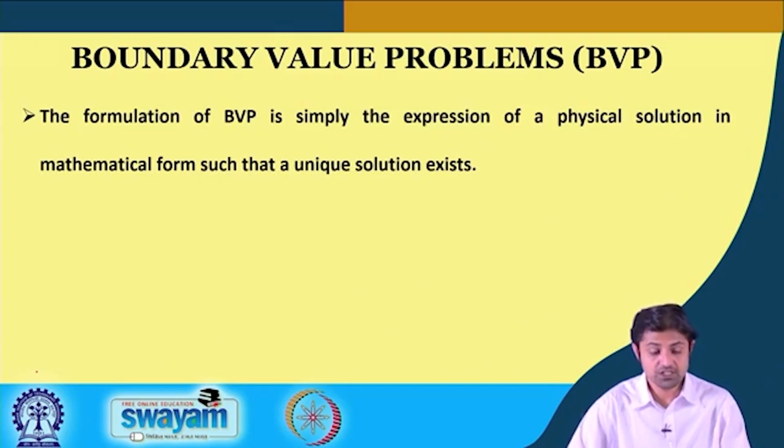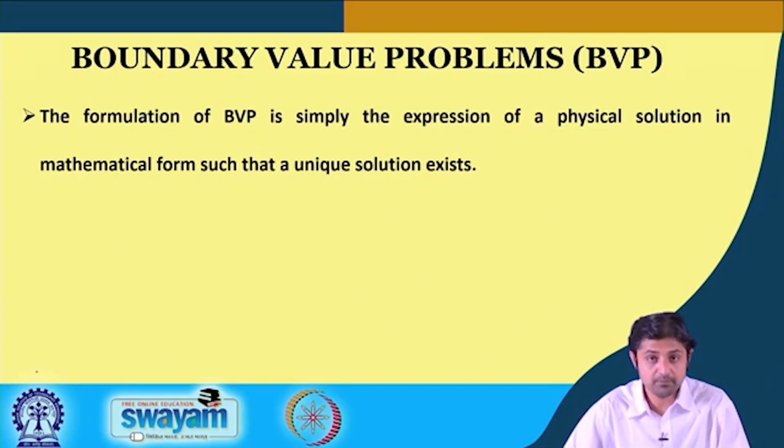So the formulation of a boundary value problem is simply the expression of a physical solution in a mathematical form such that a unique solution exists. Okay, so what happens is, if there is an equation that is valid for the entire domain, entire area, then there could be an infinite number of solutions to that problem, right?